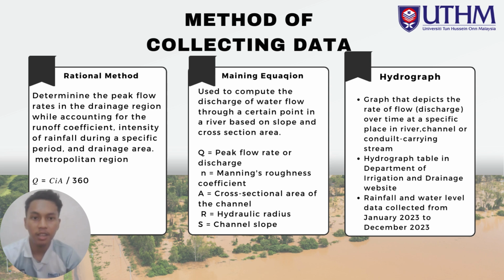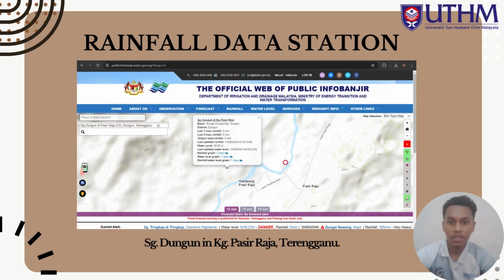And lastly is the hydrograph method, using the hydrograph table on the Department of Irrigation and Drainage website, with rainfall and water level data collected from January 2023 to December 2023. Next, this is our station, Kampung Pasir Raja at Sungai Dungun, and we collect our data at this station.